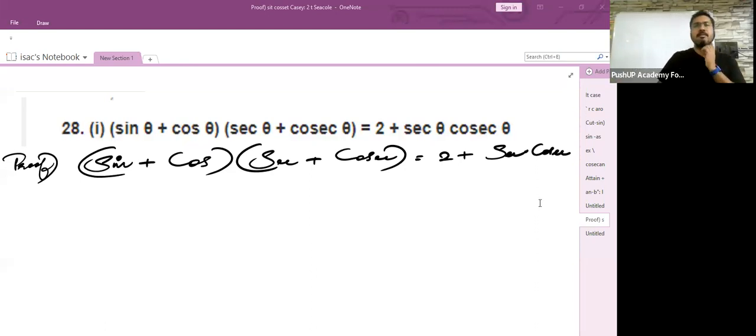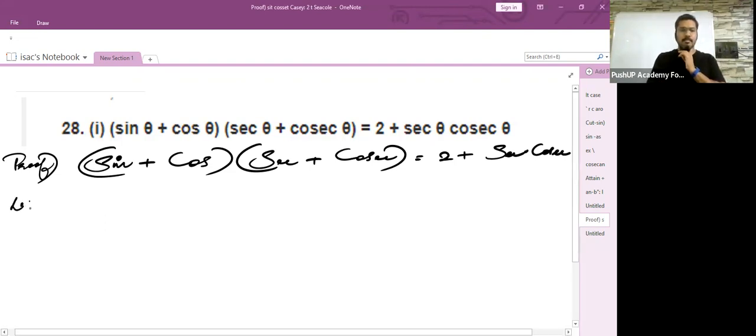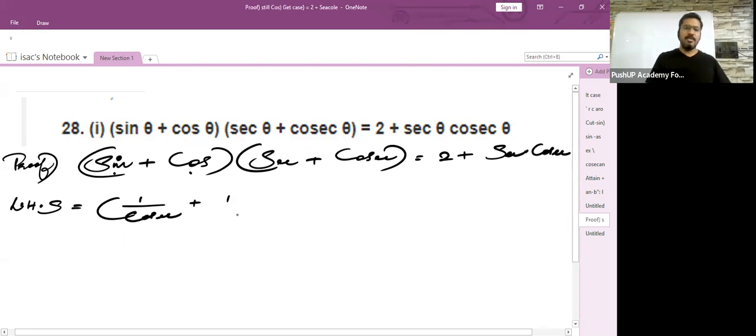Sachin, what did you do in the sum? 1 by cosec, where this and this one, 1 by sec. How many of you did that? You all tried with it. Okay, fine. So I will also try with the same thing. 1 upon sine is cosec, 1 upon cos is sec. So 1 upon cosec plus 1 upon sec.